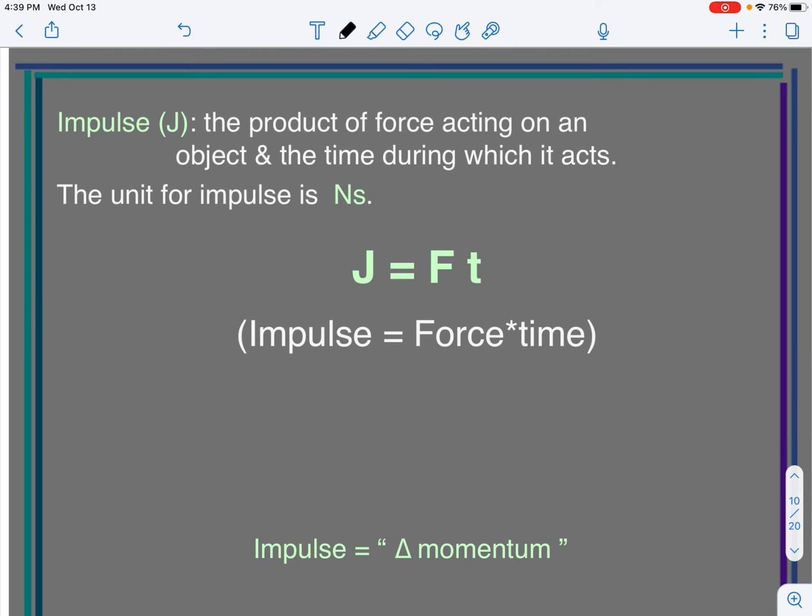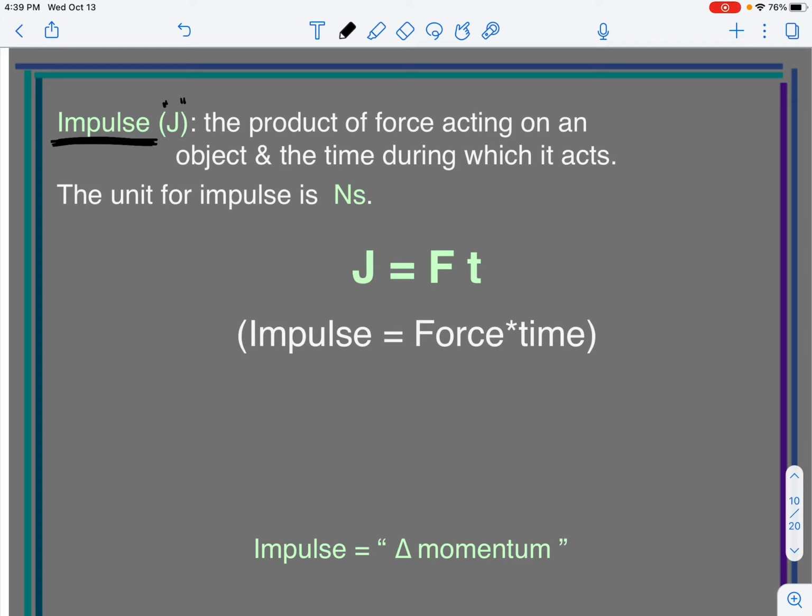Now, we have a new vocabulary word called impulse. Most of what you will see, impulse will be represented with a capital letter J. There are going to be a couple of questions or assignments where the author chose to write a capital I for impulse, but we're going to stick with a capital J here in the class, all right? So impulse is the product of force acting on an object and the time during which it acts.